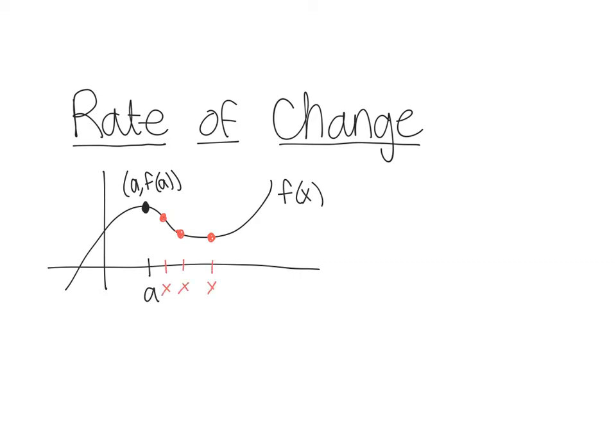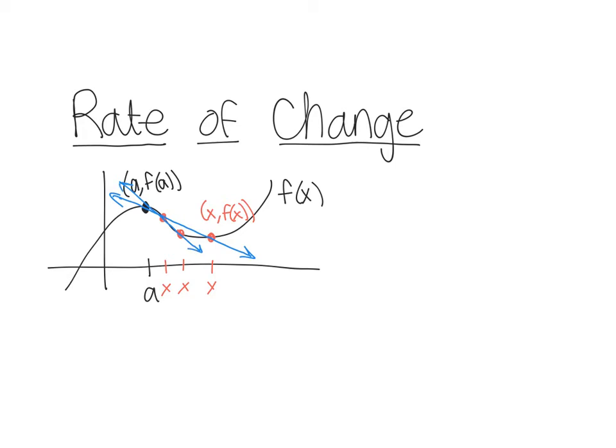So these points were x comma f of x, and then we looked at the secant lines. So the secant line's the one that goes through our black point and the red point, and then found the slope of our tangent lines.